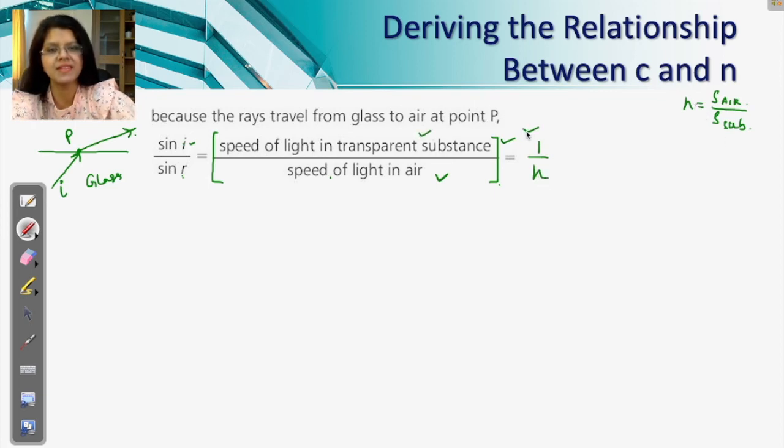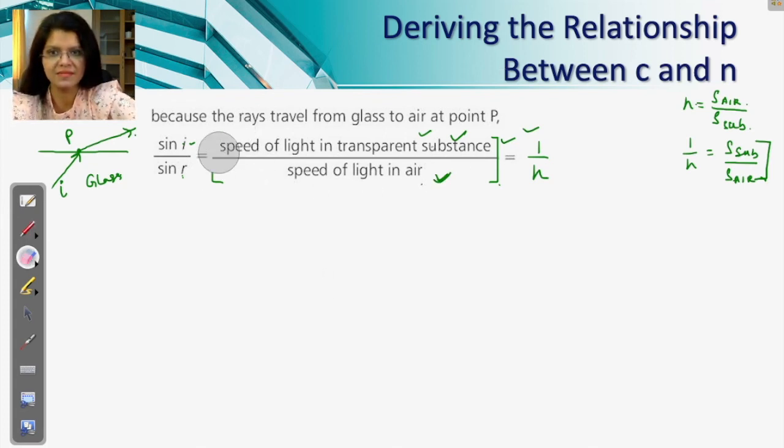Compare these two sides, left hand side and right hand side. Speed of the light in air, so 1 over N is how much? Speed in substance over the speed in air. And this is precisely what you have here, speed of the light in the substance over the speed of the light in air. So they both are equal.